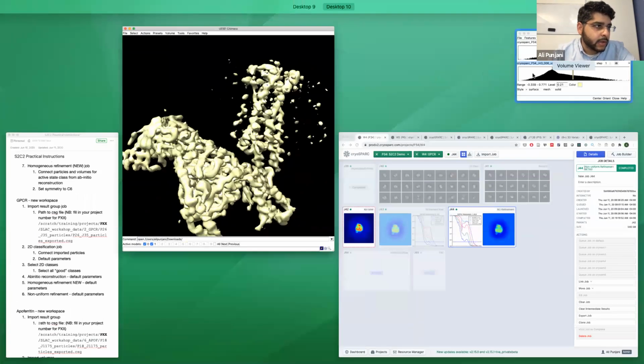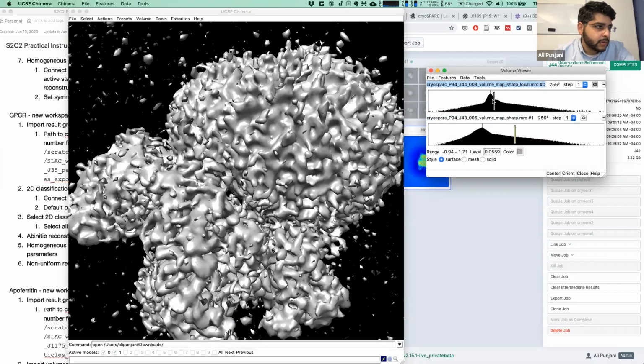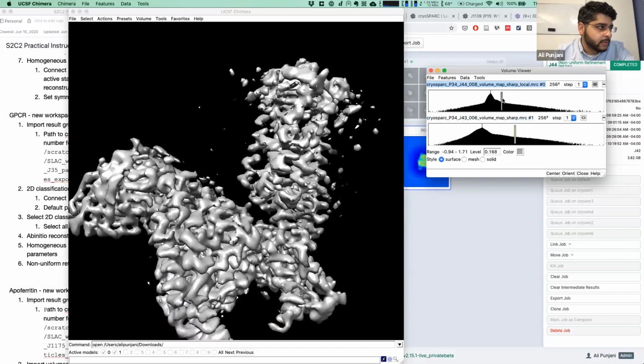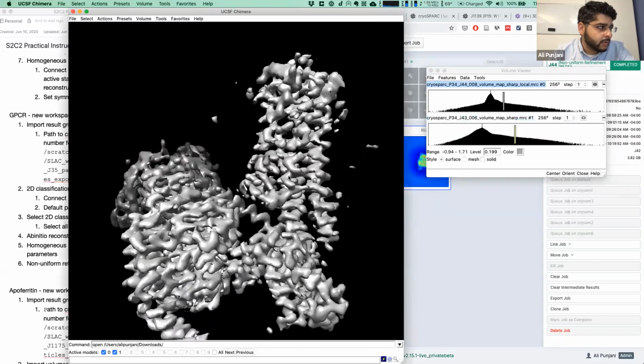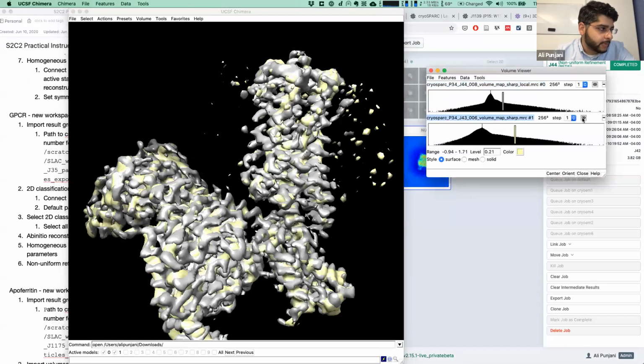So on the other hand, if we look at our non-uniform refinement, we'll see that now the overall reconstruction quality is still not great because it's a small subset of the particles.